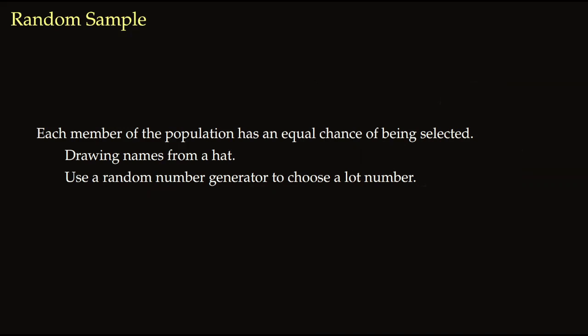The disadvantage is that it's often very challenging. When you choose a random sample, you need to think about how large of a sample you need to make things representative, and that tends to be a relatively large number.